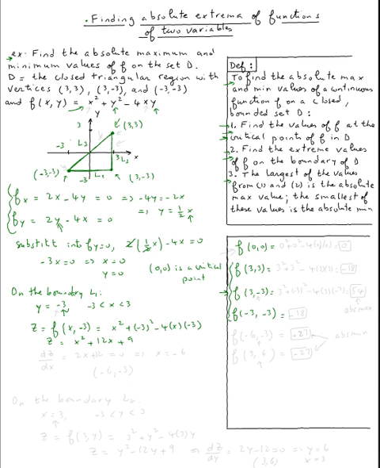And then I need to calculate the derivative dz/dx to see if there are any critical numbers. Now this is going to be equal to 2x plus 12. Set it equal to 0. My critical number will be -12 over 2, which is -6. So the point will be x equal to -6, and y is equal to -3. So I'll go back here and I need to evaluate f(-6, -3).